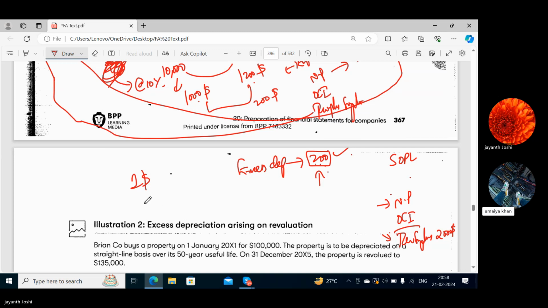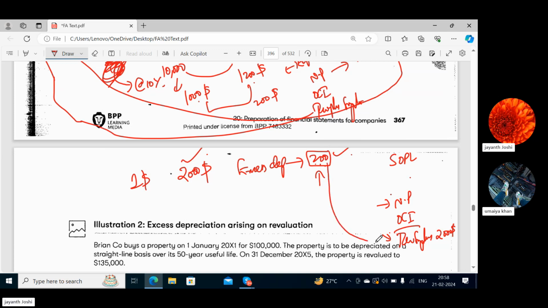So here, $2,000 we are making profits due to appreciation in property value. For that, there is some cost, right? Where should we show that cost? We are showing that cost here, but that income is not shown in SOPL.